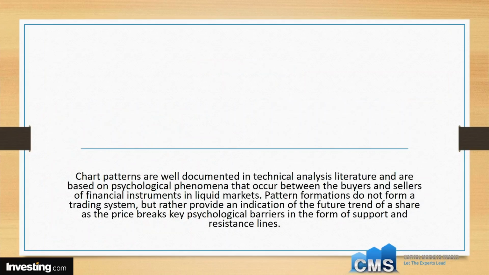Now, most people, when you mention the word technical analysis, they immediately think about indicators. And they don't understand this field of technical analysis is a very large field. It covers everything and anything that is done on or with a chart. So indicators and oscillators are mostly placed below the chart.